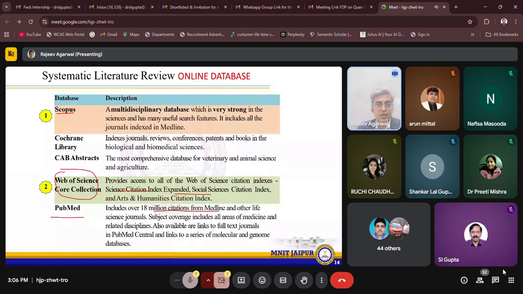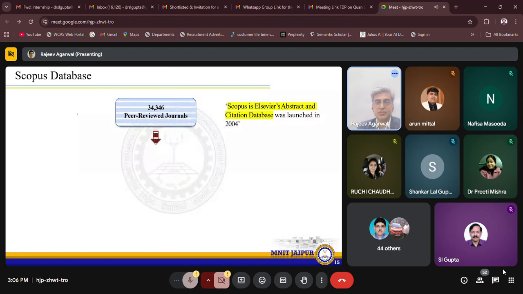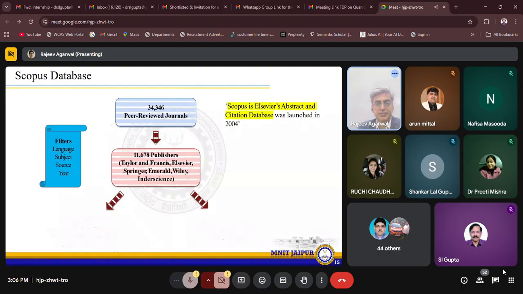And there is Cochrane, which indexes journals, patents, books. I have already cited these two, Scopus and Web of Science. Scopus is the Elsevier database. I will be skipping this.